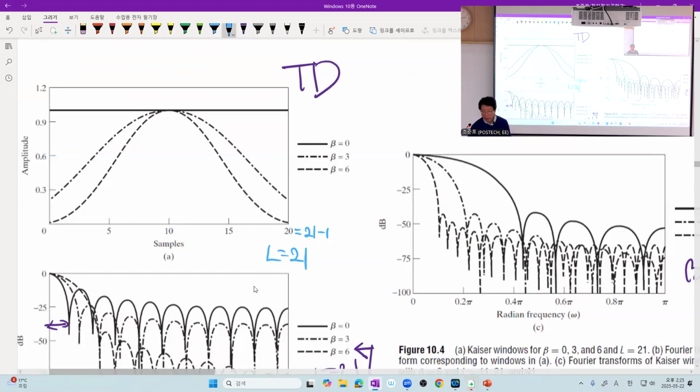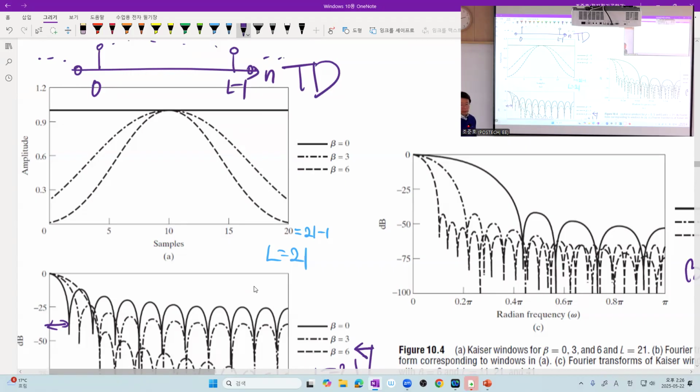So if I were them, I would have used the discrete time axis with index n and used the stem plot, so that I really emphasize it's a discrete time signal. Got it?